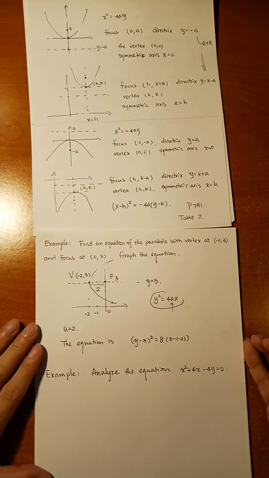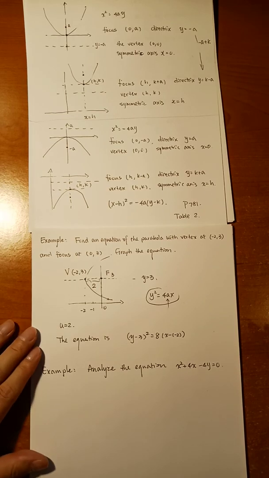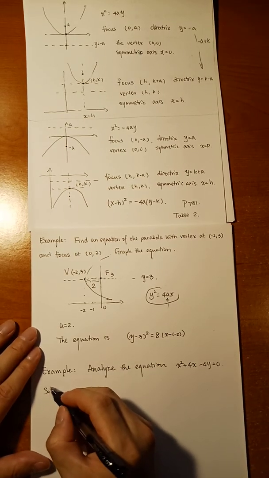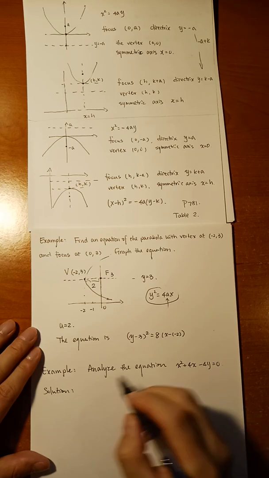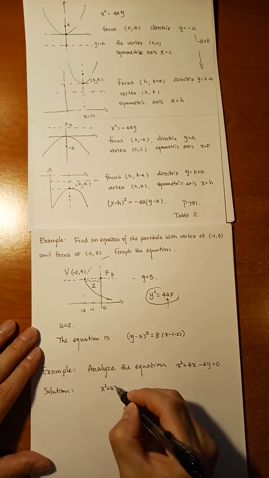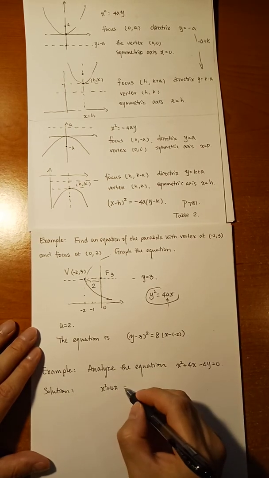We try to analyze it. How do we analyze it? Let's check. So x squared plus 4x, and I move the 4y to the right side.